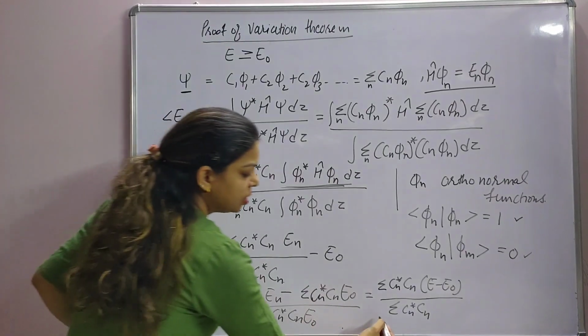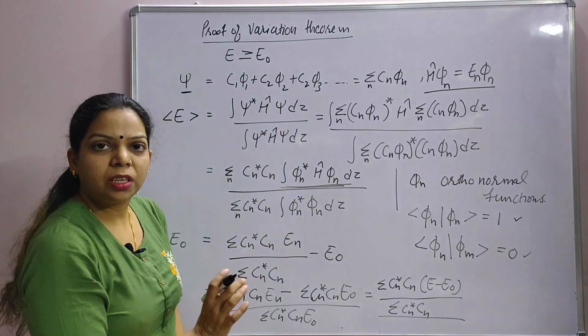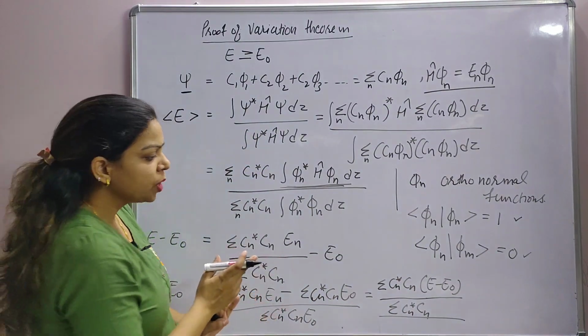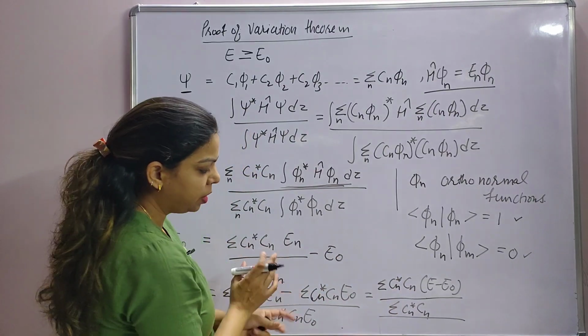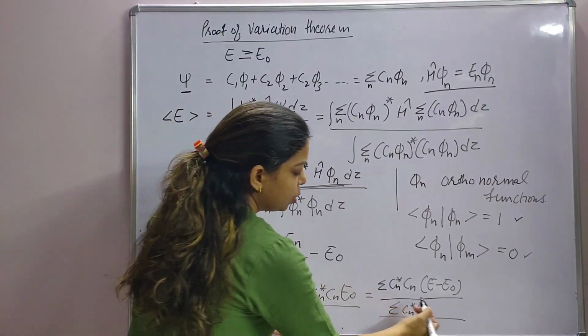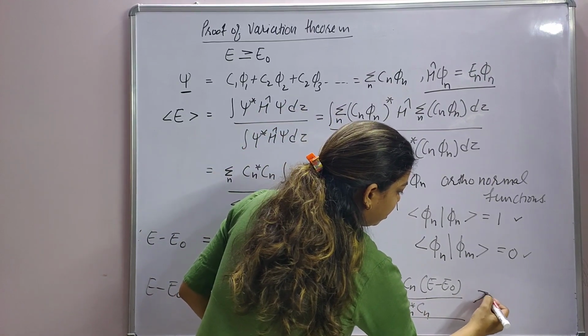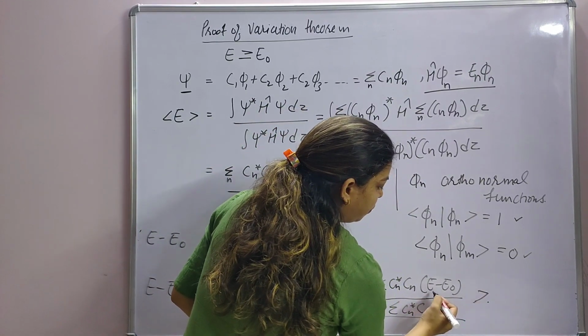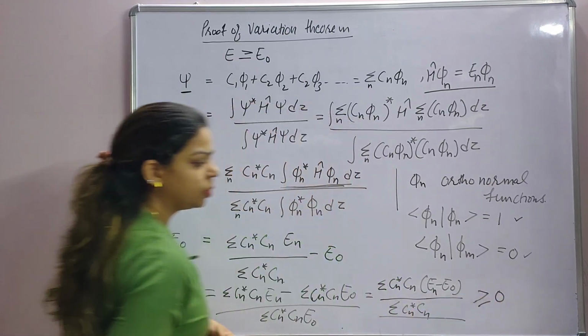Now from the right hand side of the equation, because Cn star Cn is a positive value, even if Cn is negative, it will become positive after multiplication. So this side becomes greater than or equal to 0 for all the values of En.